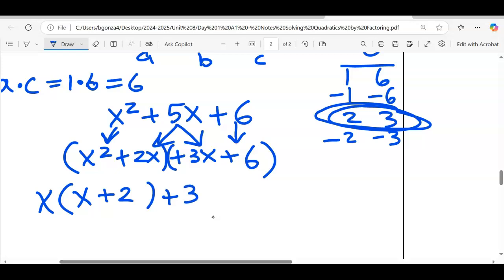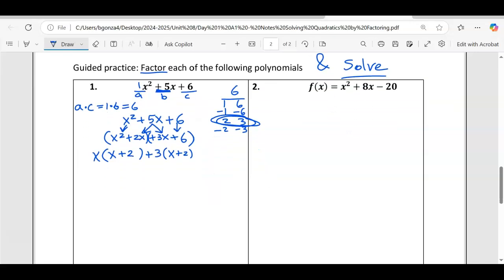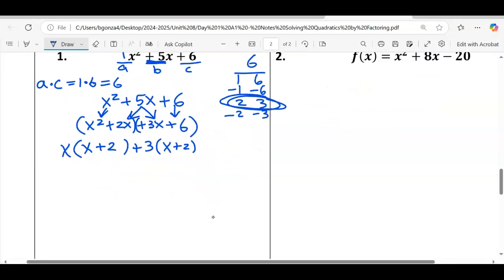They don't have an x in common, so that's it, just 3. So if I divide this by 3, 3x divided by 3, the only thing left is x. 6 divided by 3 is 2. Now I said it earlier, but you'll know you've done this right if these parentheses match. X plus 2, x plus 2, that's good. Cool? So far so good.